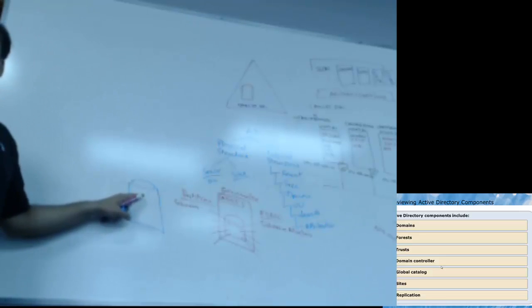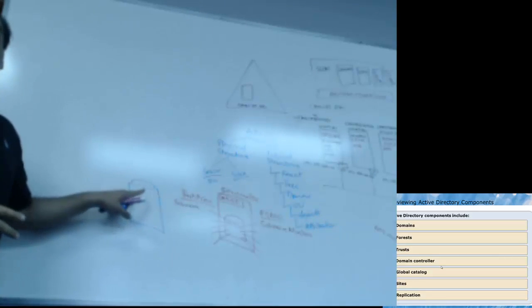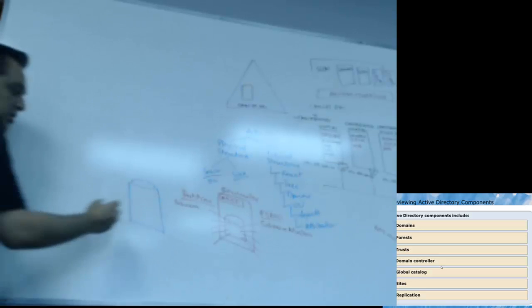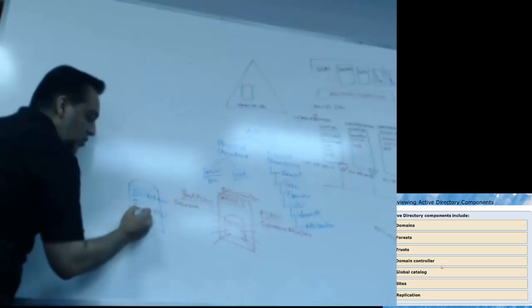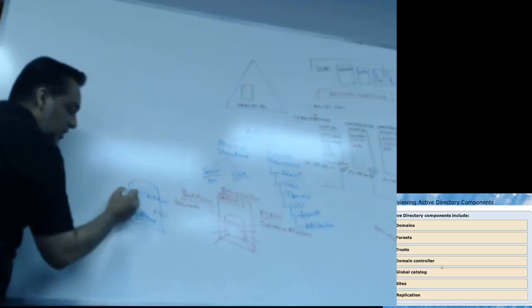There might have been two ways to store information in this. One way was just to randomly store everything: user accounts here, OUs here, permissions here, Active Directory structure here. But to make it easier to organize and for replication, Microsoft created 5 partitions.